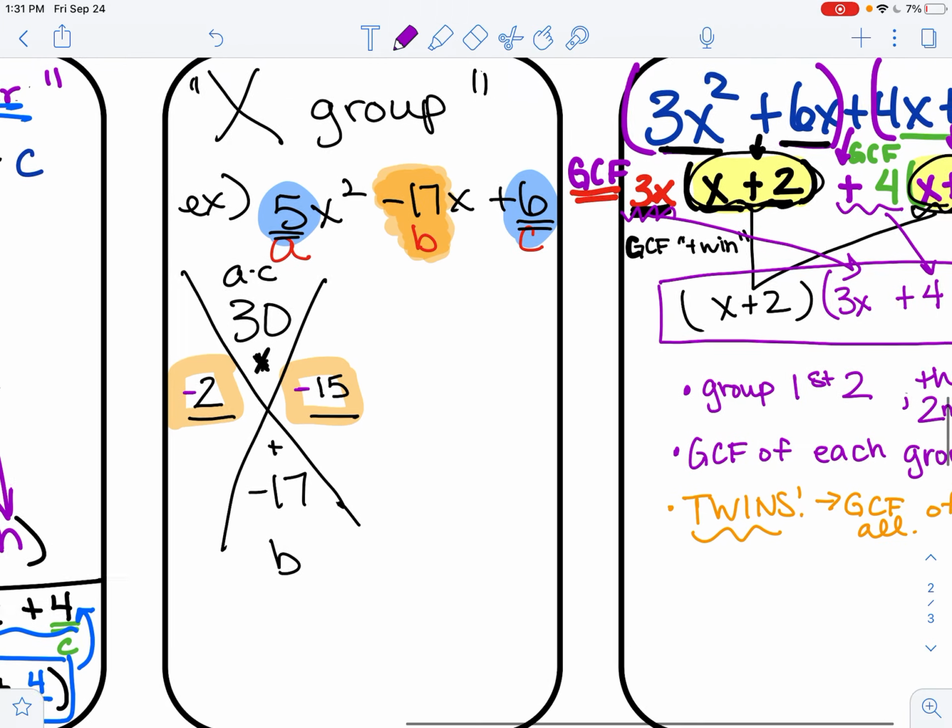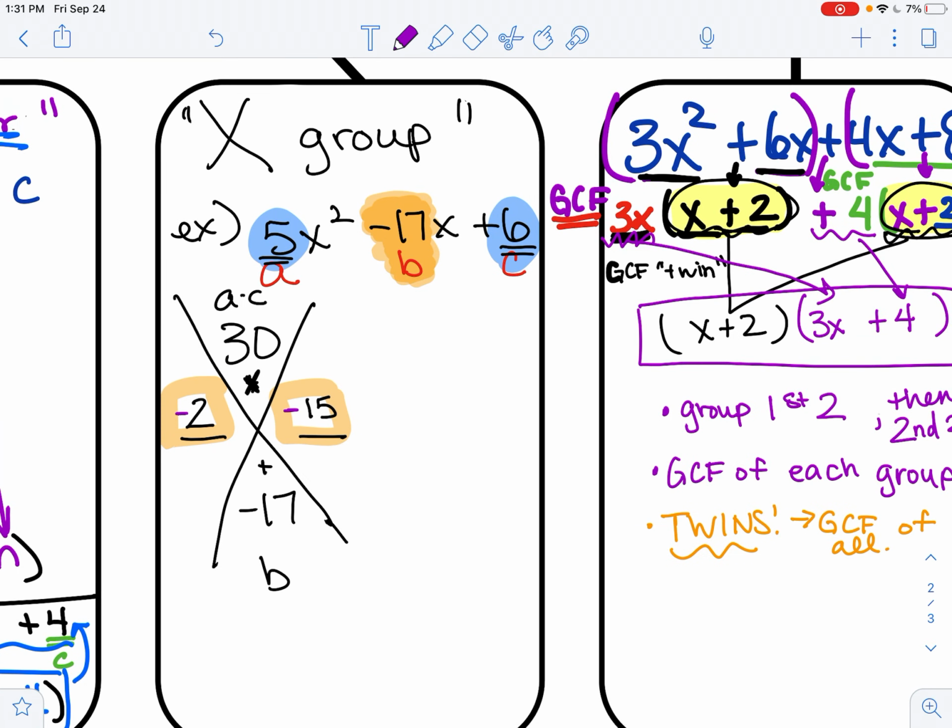So this is when the second part of that process comes in. We just did the x, and now we're going to do the group. So here's how the grouping comes in. I'm going to take these two numbers and split the b term up. This b term of negative 17x, I'm just going to rewrite. Isn't that the same thing as negative 2x and negative 15x?